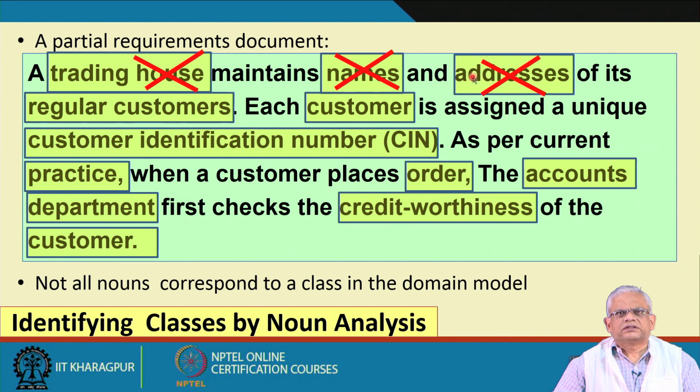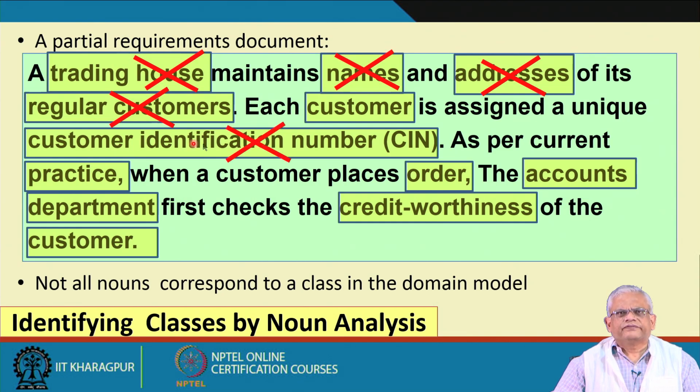So, we will eliminate those. Regular customer, okay, yes, we need to store data about customer, but then the regular customer and customer are synonyms. So, we will eliminate regular customer and we will just have the customer.